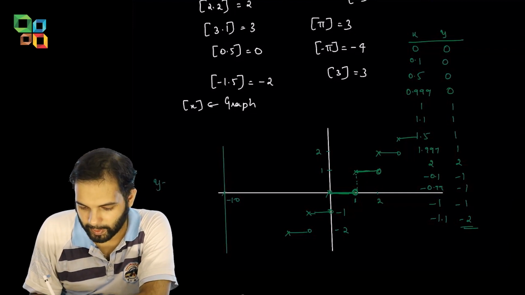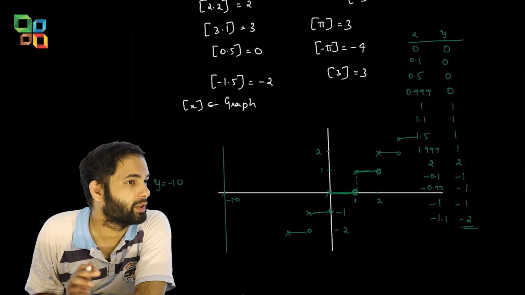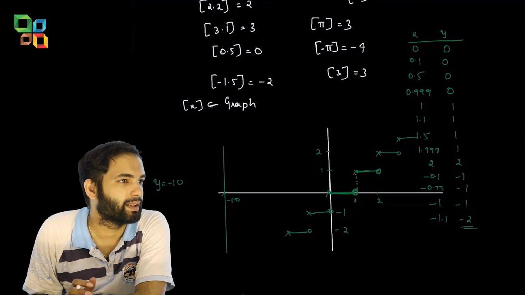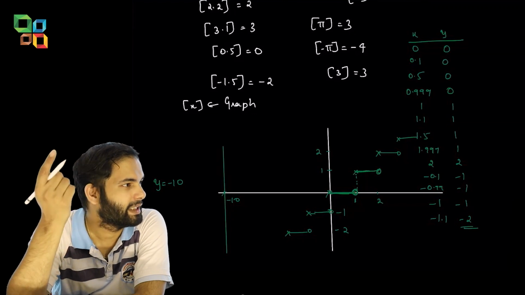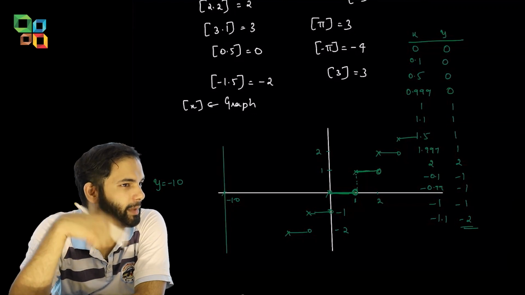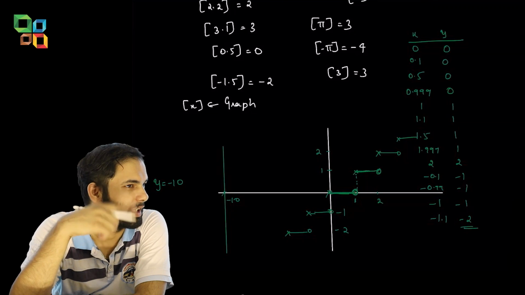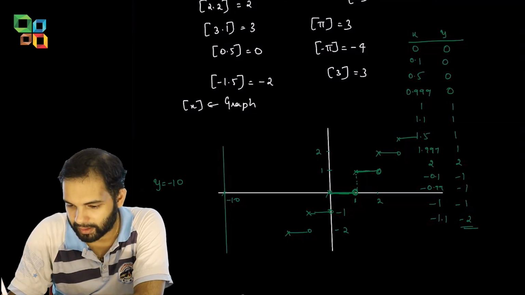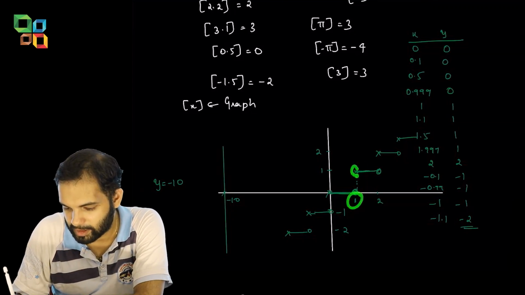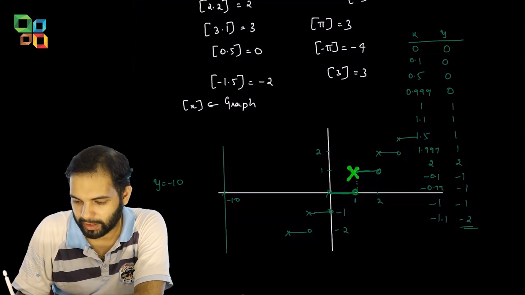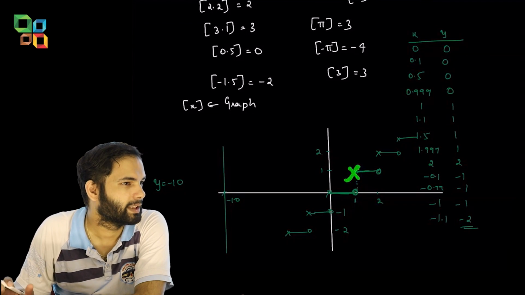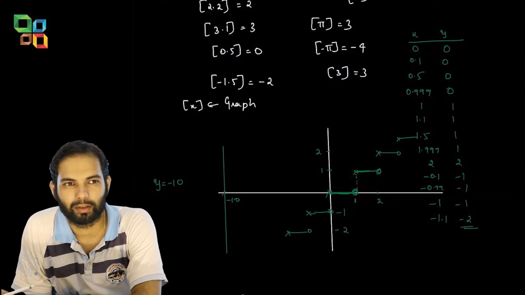If y is equal to -10, that means whatever values of x, I'm always getting -10, then you get that line. For any value of x, I'm getting -10. That's how the graph will look. But here, for 1, it's one specific point. Therefore, you will get only this point. That's why I marked only one point. Is it clear? Okay. Is the graph clear?